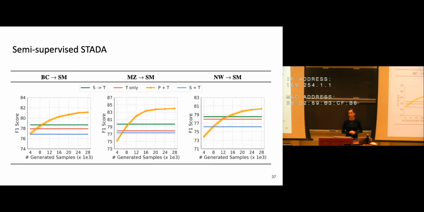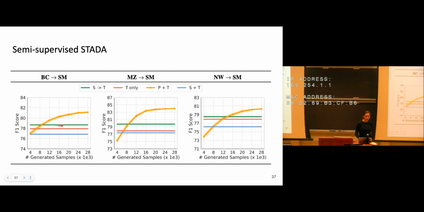So here we did another experiment, because now we have a system that can generate data, then we can potentially just generate a lot of data, right? And how good is that? So we did a comparison where we generate different amounts of data to train the model. Here the x-axis is the number of generated samples by our model. And this is the F-score for a system that is trained on that amount of data to do NER.